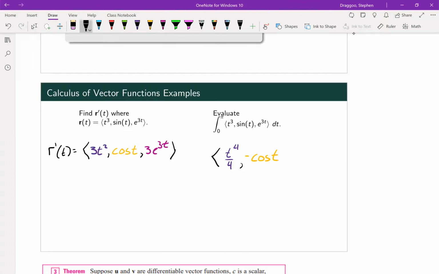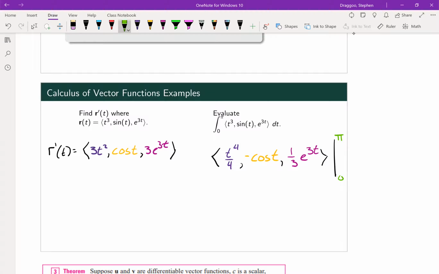There's a negative on the sine integral, and e to the 3t integrates to 1/3 e to the 3t. And then we need to evaluate those vector valued pieces from 0 to pi, since that's what we're asked to integrate this time.